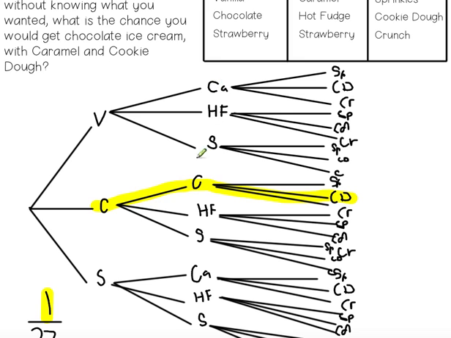It could be with caramel, hot fudge, or chocolate, so it's any of these. So 3, 6, 9 out of 27. Which you could simplify because 9 and 27 are both divisible by 9. So that would be a 1/3 probability.